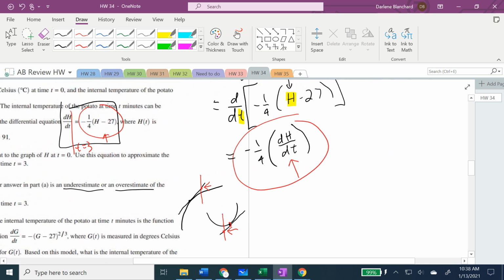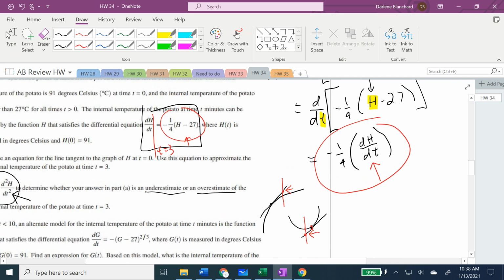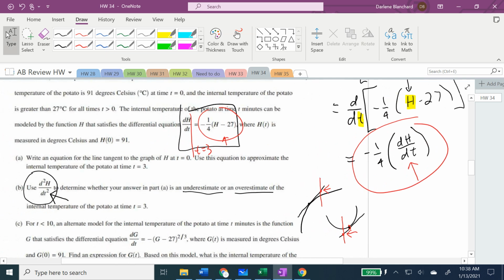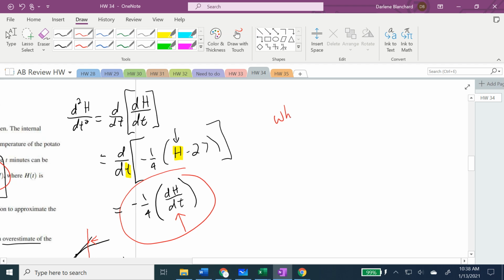So when t is equal to 0, is that what I was using? Let me double check. Yes. When t is equal to 0, dh/dt, we actually already found what it was equal to.